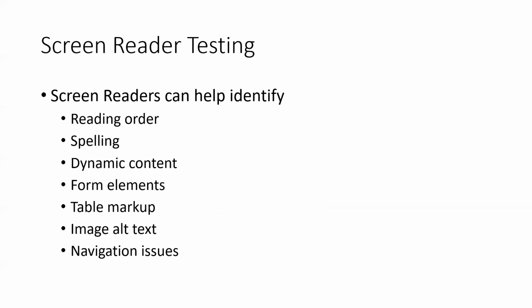Screen readers are also very good for checking the accuracy and quality of image text alternatives, and can also help you identify problems with the reading order, table markup, and form elements. It will give a different perspective on the content, and you'll be able to uncover issues that you might not have otherwise been able to discover.